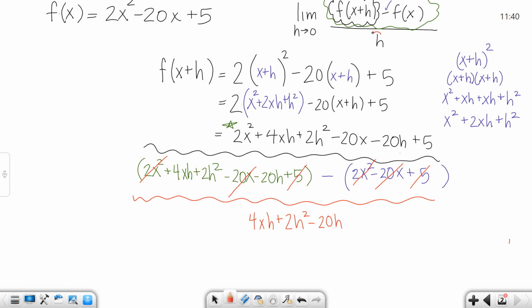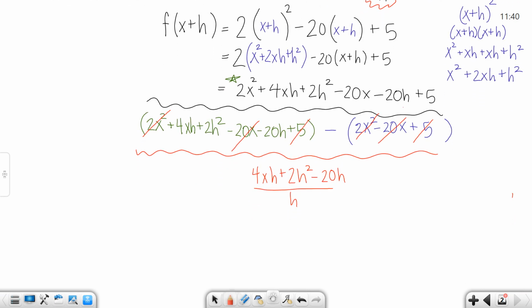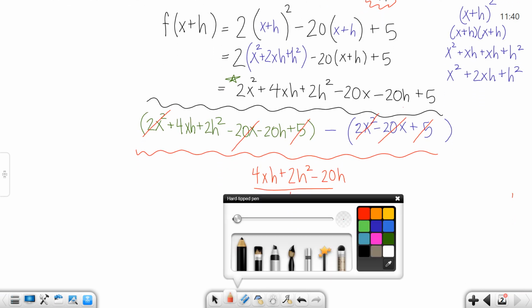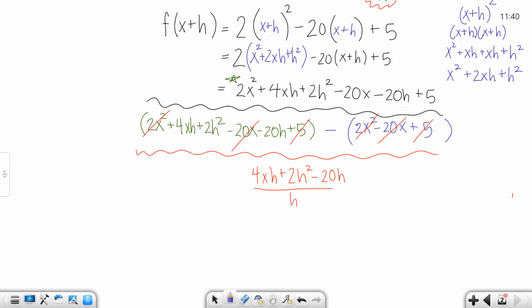Now step 3 tells you to divide by h. So we divide all of those pieces by h, and you get 4x plus 2 with 1h left over minus 20.